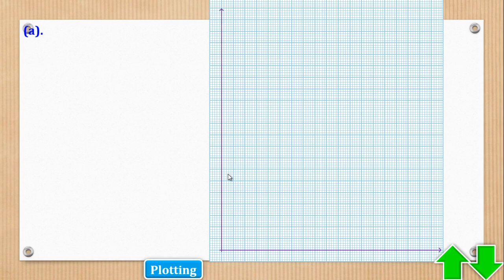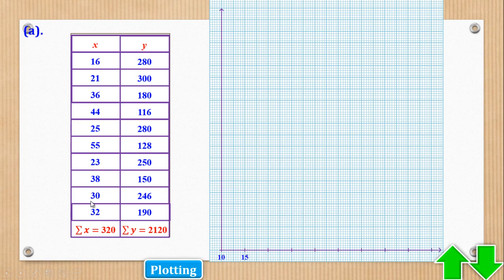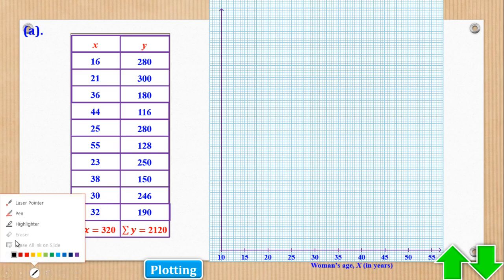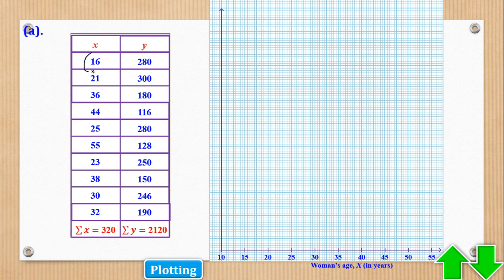Then we use intervals of 2 centimeters and get a suitable scale so that all those values can fit. I think we realize that here the minimum is that and the maximum is 55, so all those values should fit. Then do the same for the vertical, intervals of 2 centimeters, and choose a suitable scale.